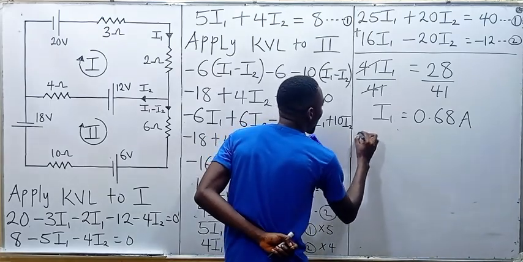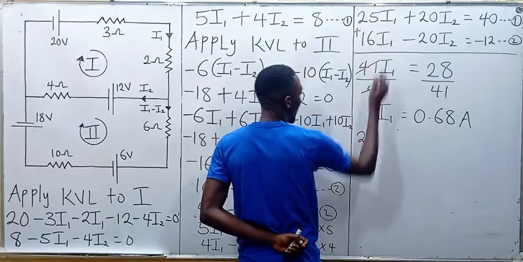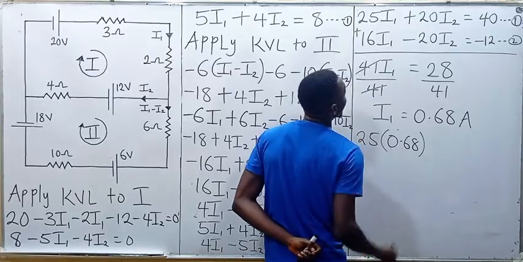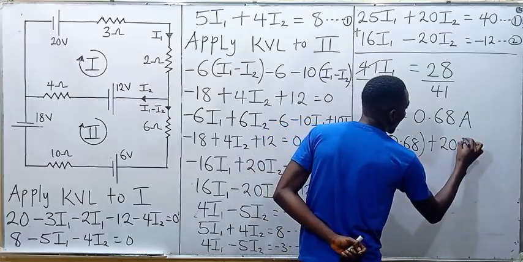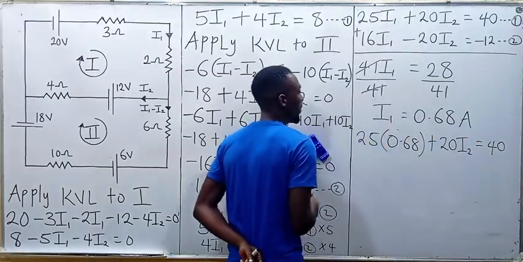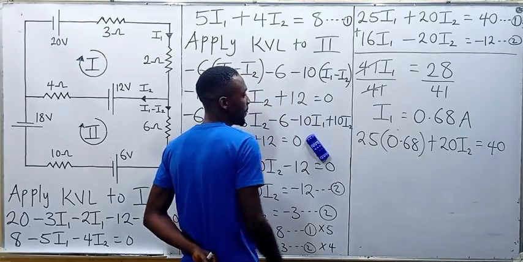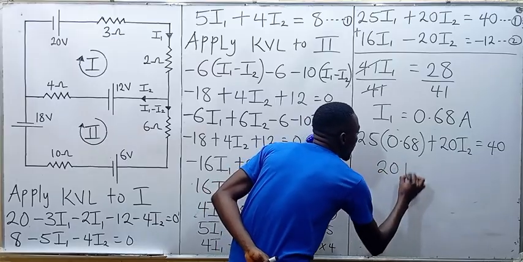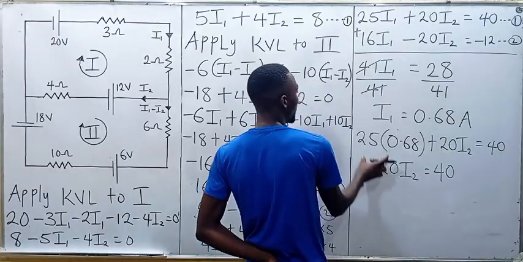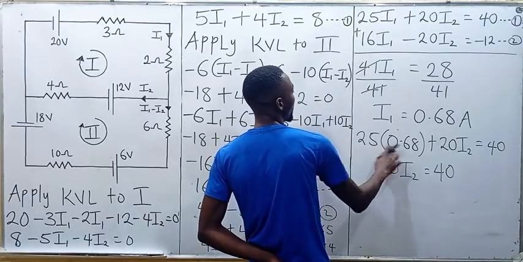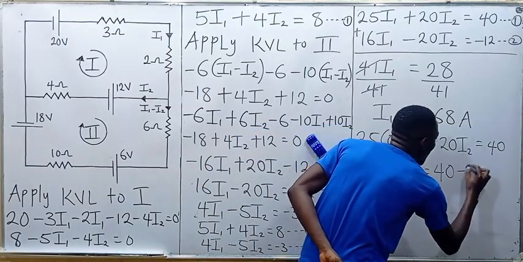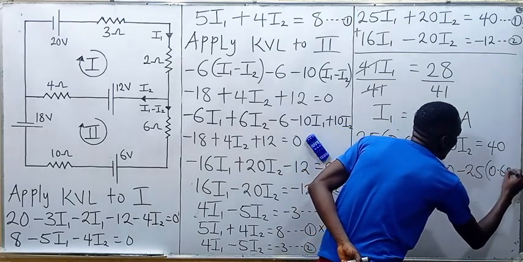So from equation 1 we have 25, and then we're having I1 here, so it's going to be 25 into 0.68 plus 20I2. All right, which will be equal to 40. So if you collect like terms, we're going to have 20I2, which will be equal to 40, then if I move 25 into 0.68 to the other side, it's going to be minus 25 into 0.68.